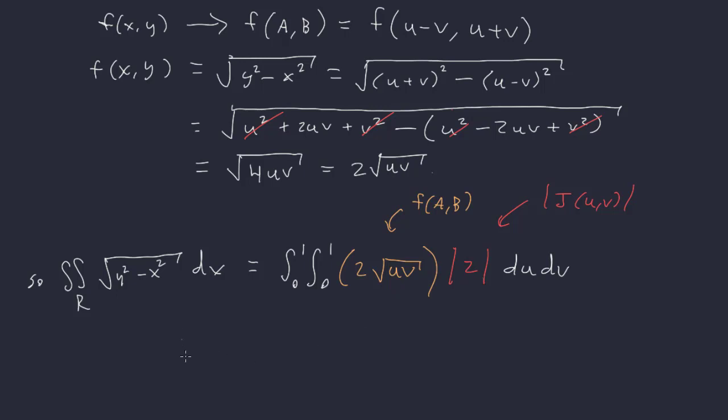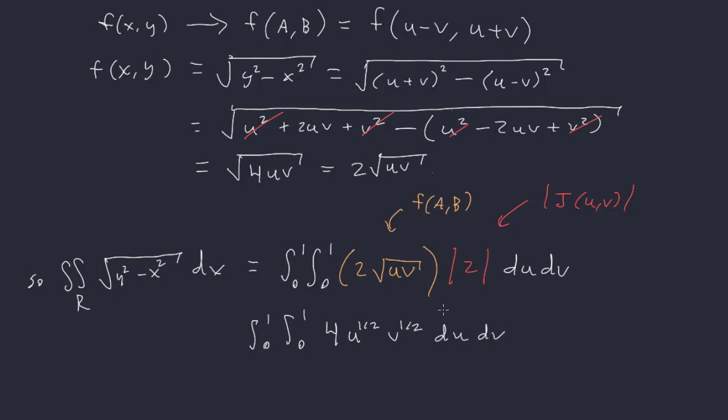All right. Now, we have a fairly simple integral to calculate here. It's essentially the integral from 0 to 1, integral from 0 to 1 of 4 u to the 1/2, v to the 1/2, du dv. Right?